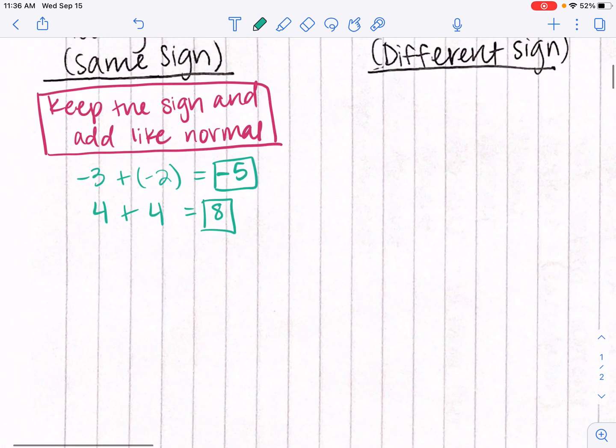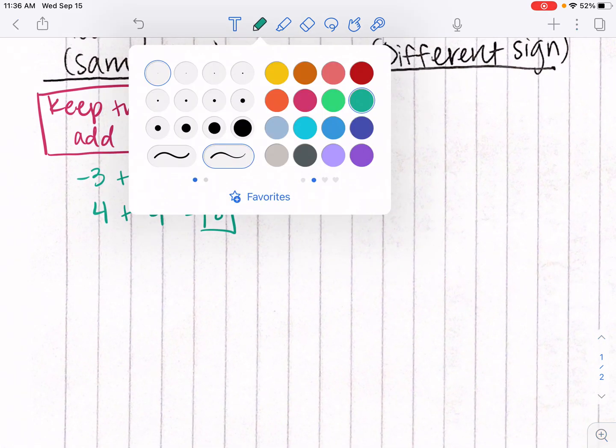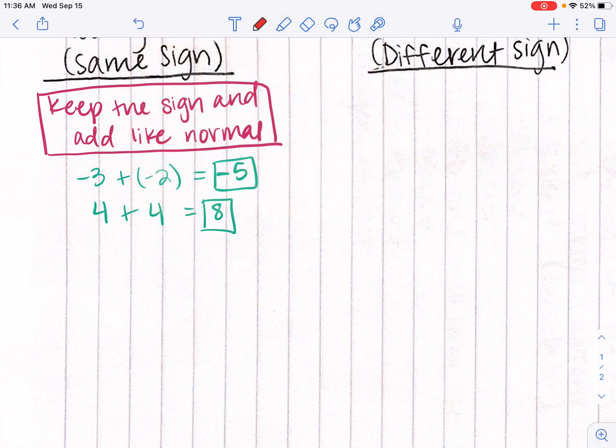Let's do an example with chips. So we use red chips usually to represent negative. So let's do a couple negative chips. Let's say I had -4. So this is -4. And then I added -3. So plus sign. 1, 2, 3.